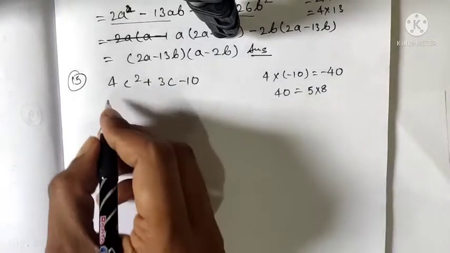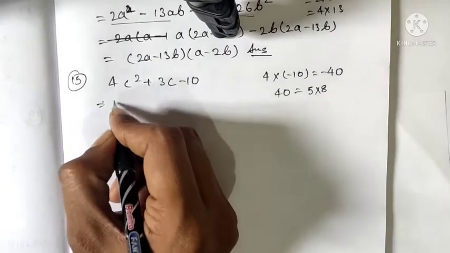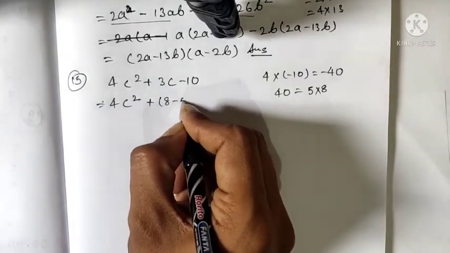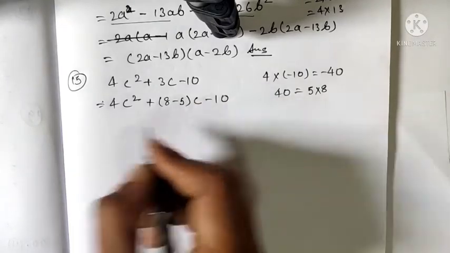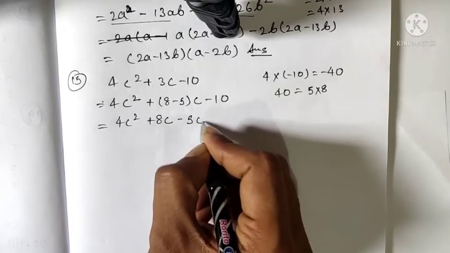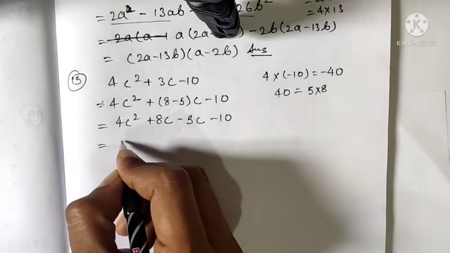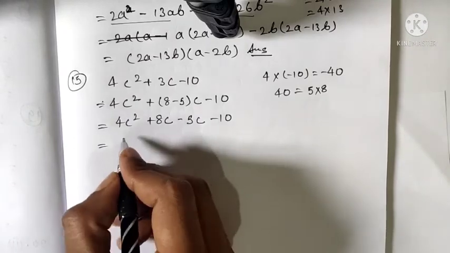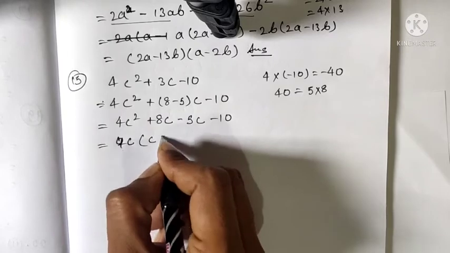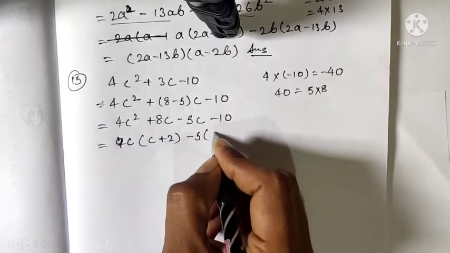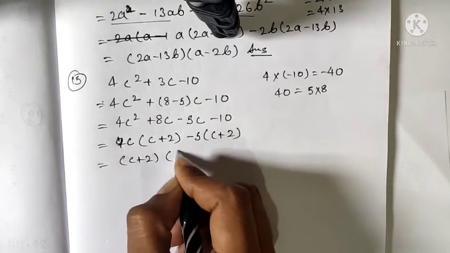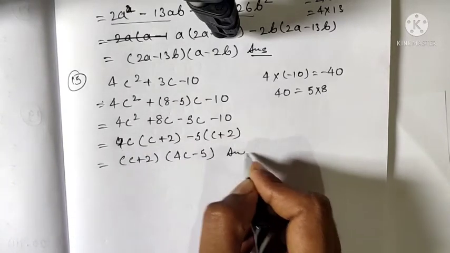As we know, 40 is equal to 5 into 8, that implies 4c square plus 8c minus 5c minus 10. Taking 4c as common from the first two, it will be 4c into c plus 2 minus 5 into c plus 2, and the answer will be c plus 2 into 4c minus 5.